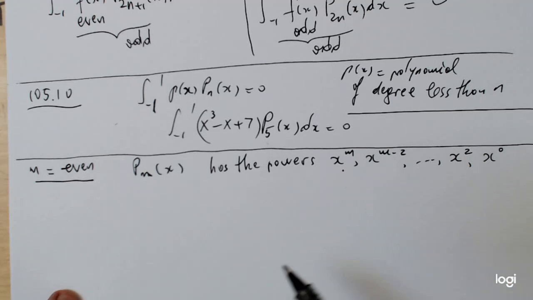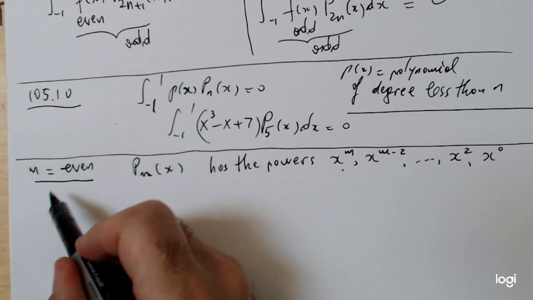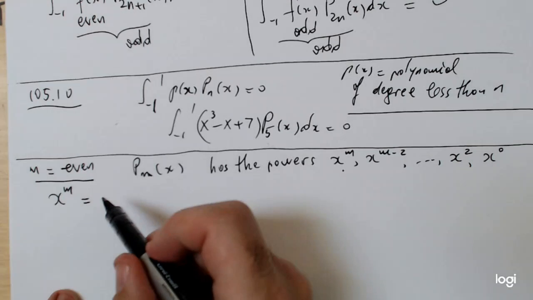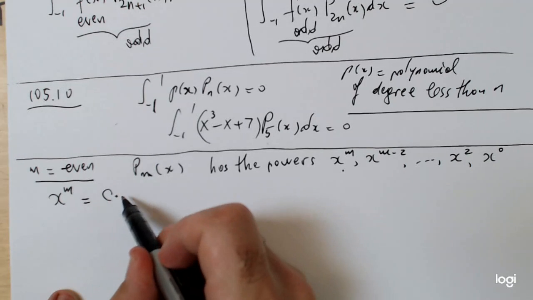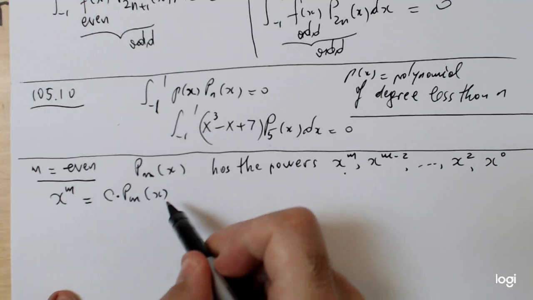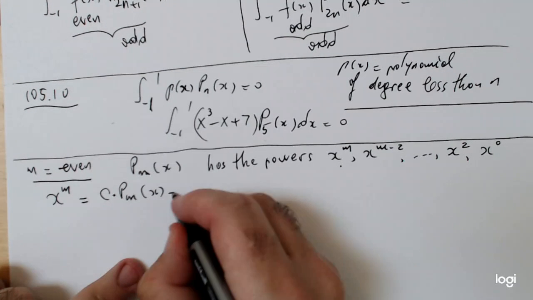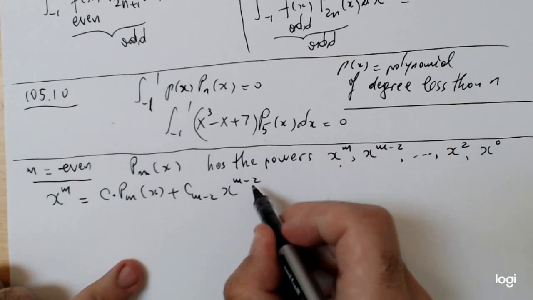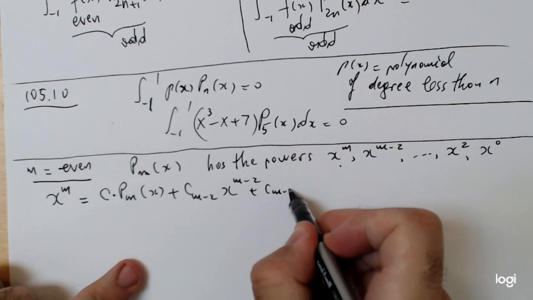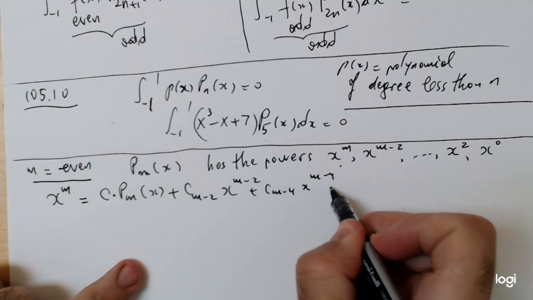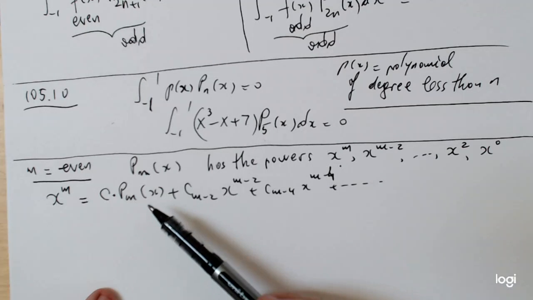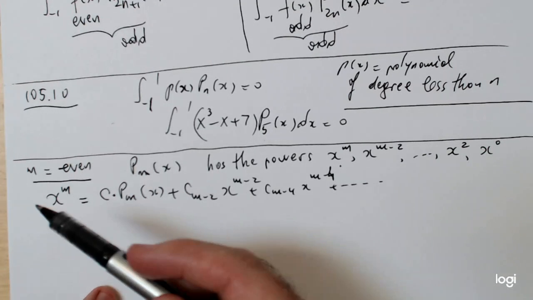So in part A, the question is to show that you can write x to the m as a combination between some constant times Pm of x plus some linear combination of lower degrees. This simply comes from rewriting x to the m from what the Legendre polynomial is equal to.